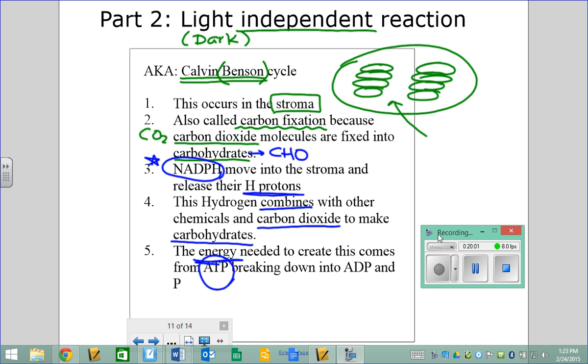I'm going to break it down to ADP and a phosphate, releasing the energy in that high energy phosphate bond. Now, just because I'm going to show you this in a minute, I'm just going to tell you now. It takes 6 NADPHs and 9 ATPs for the Calvin-Benson cycle to work. That's how many of them there are.